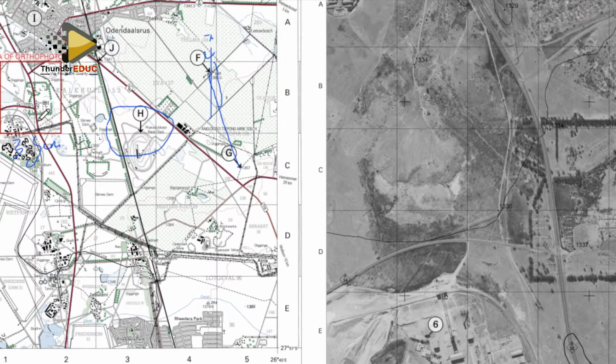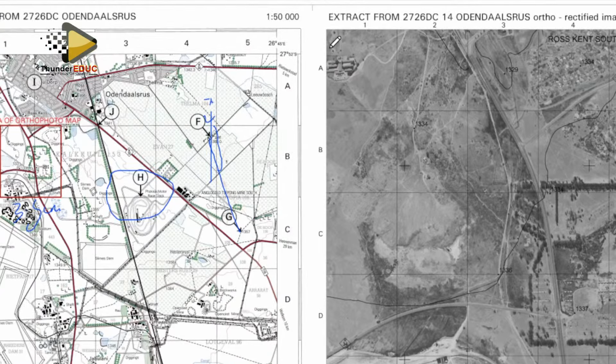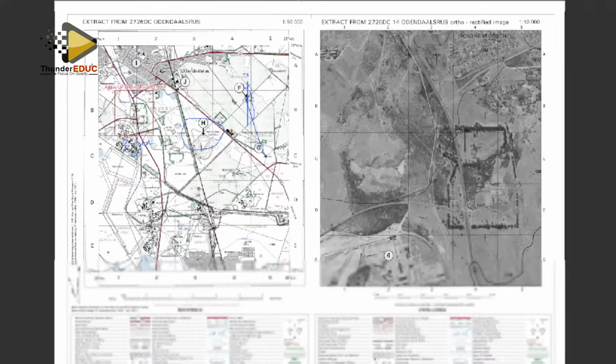This area is this part here. Let us put it together. This corner here is this corner here. This corner here is this corner here. This road here is this road here. You can see it comes like this, it branches, it goes that side. You see, it comes this side, then coming down here, this one goes this side, which is R31, and I probably know that this is the R31 here.